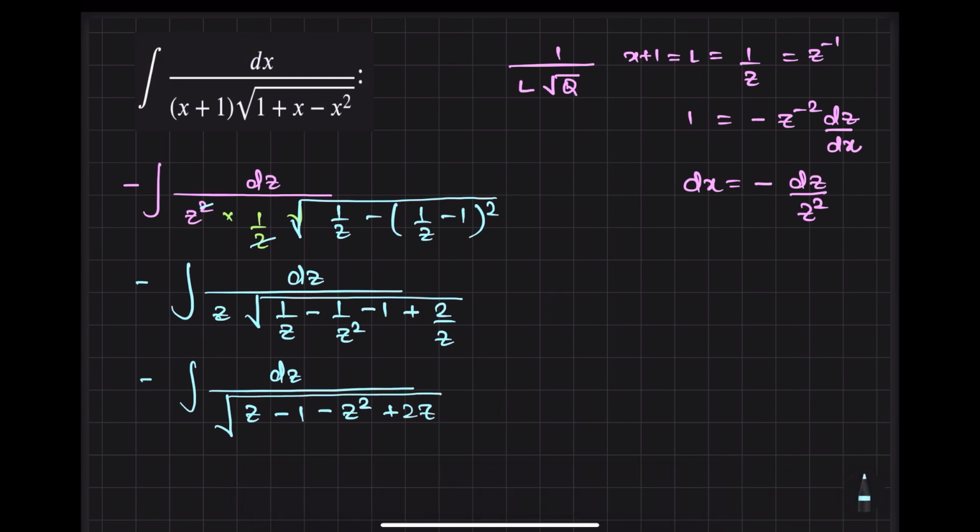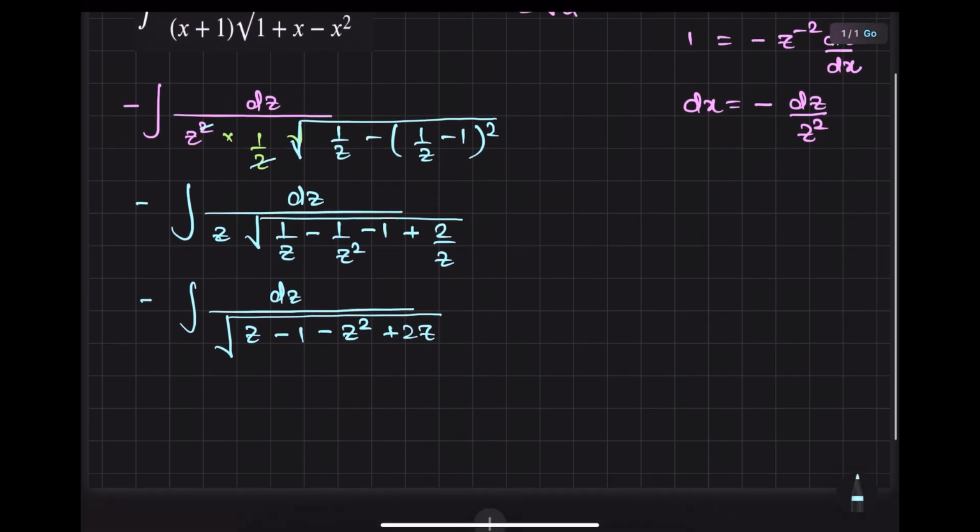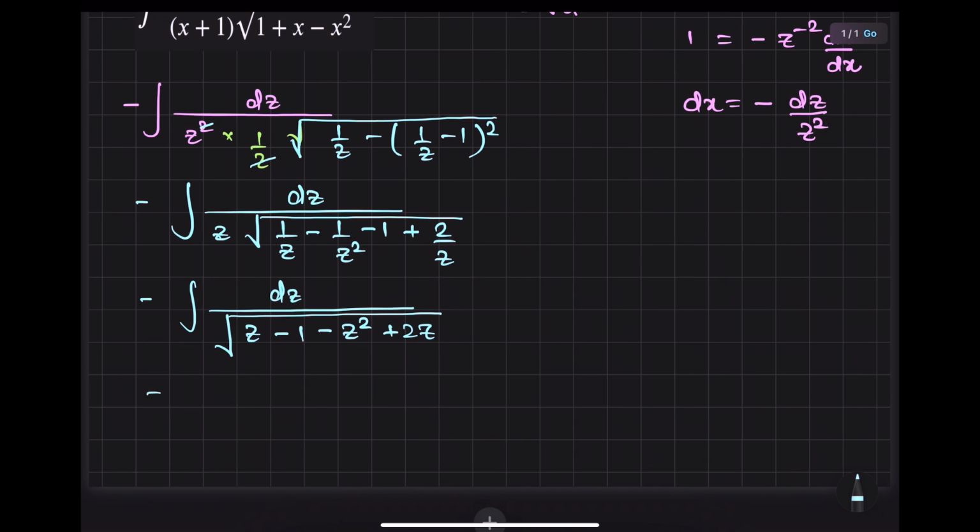Now this is something which is under the root. So what will we do? We will apply the completing the square method over here. So dz by root of 3z minus 1 minus z square.